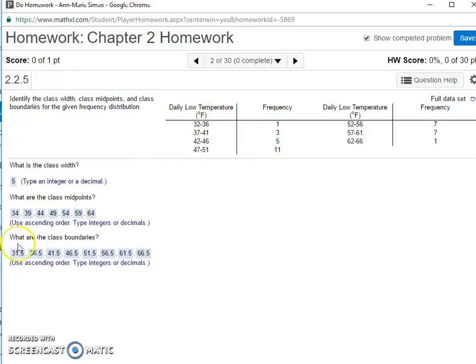Right in between 36 and 37, 36.5. Right in between 41 and 42, 41.5. And that's going to be true all the way, 61 and 62, 61.5. And then 0.5 above my 66 is 66.5. So you have to make sure you get a class boundary before the first class and after the last class, and then in between each of the classes.